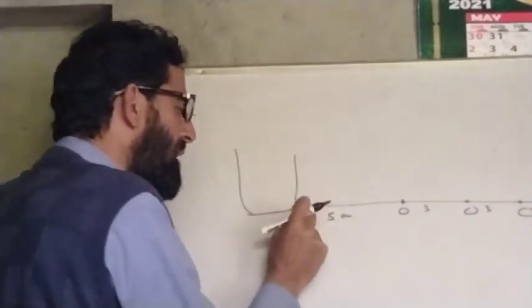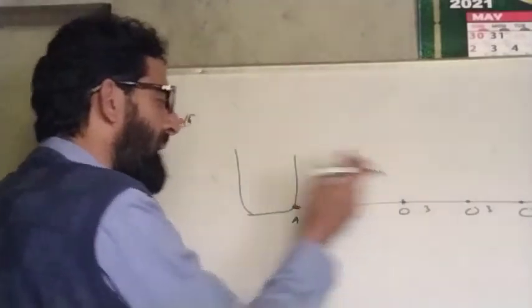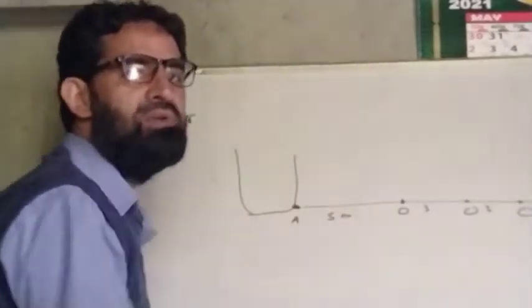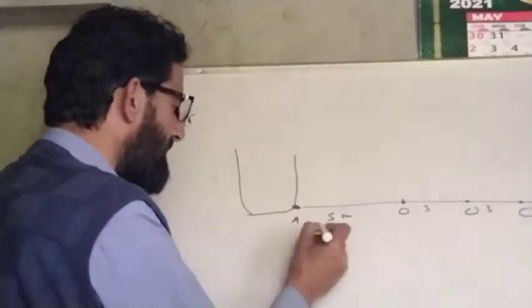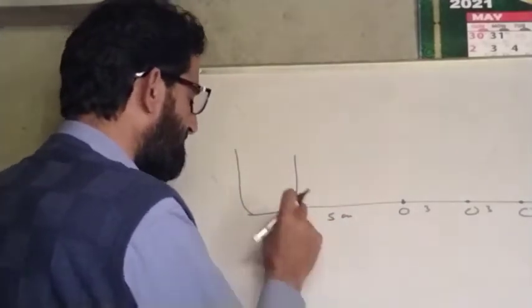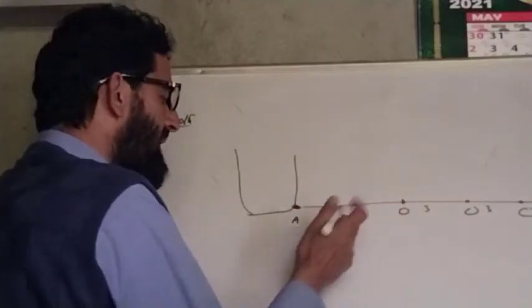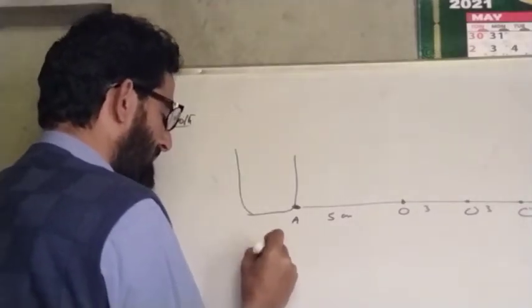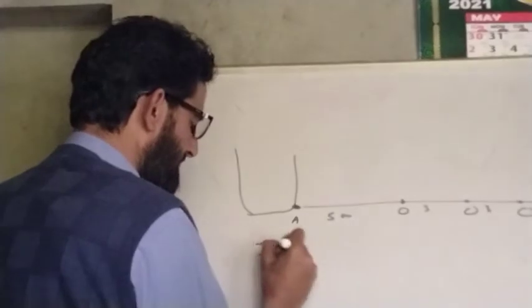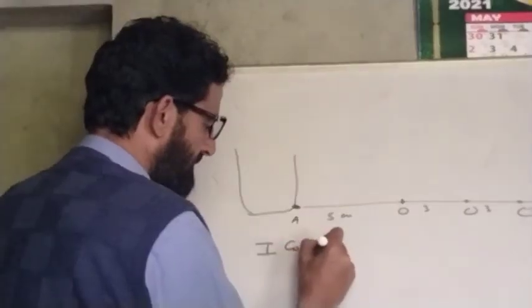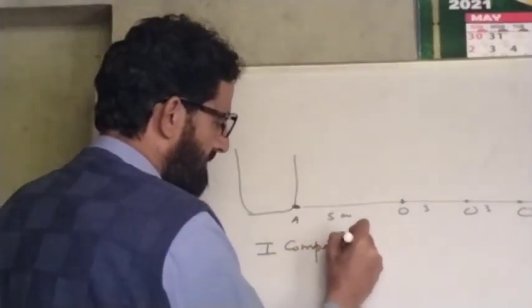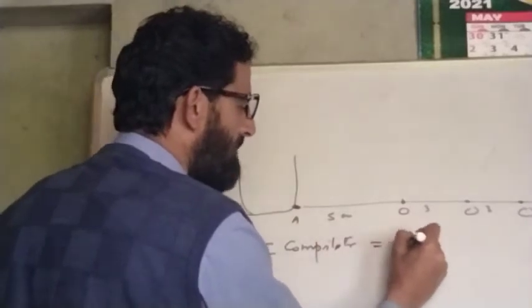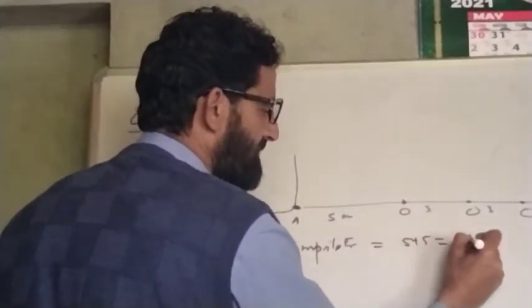That means 5 from A to the first potato, then back 5, 5 plus 5 is 10 meters. Therefore, the first competitor covers the distance of 5 plus 5, that is 10 meters.